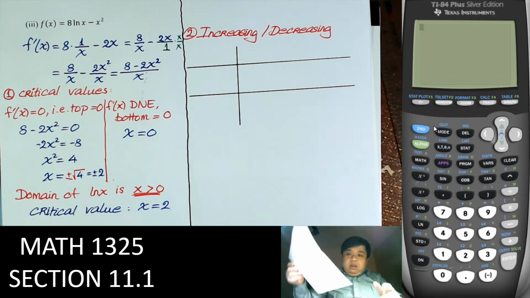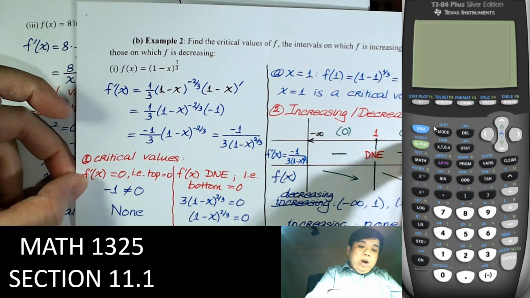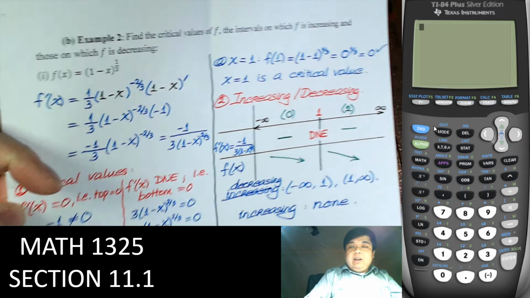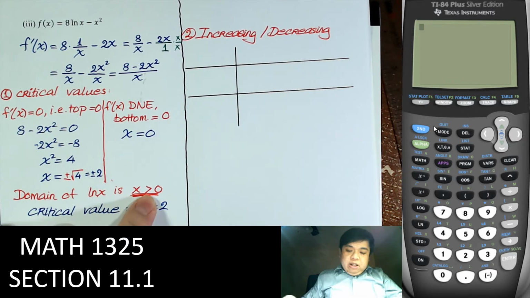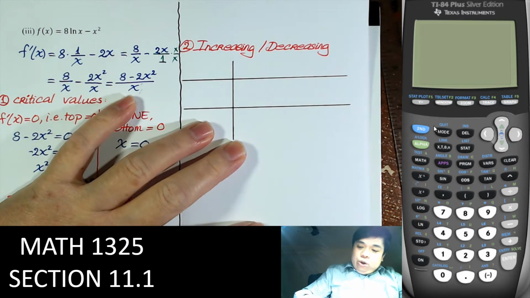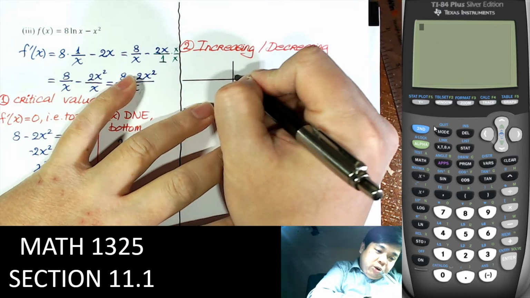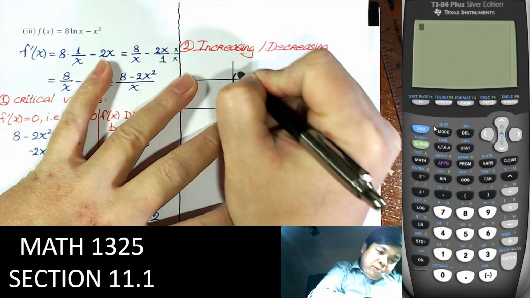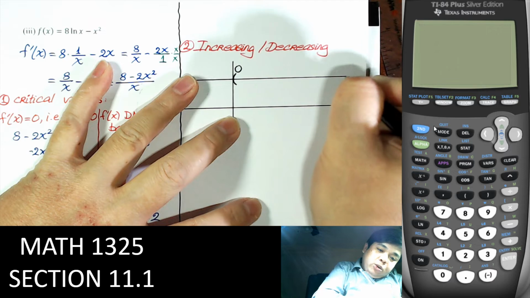In the previous example, the function was defined everywhere, so we could write from negative infinity to infinity. On this one, it's not. It's only defined for positive x, so we do not write that. We go from 0 to infinity only.